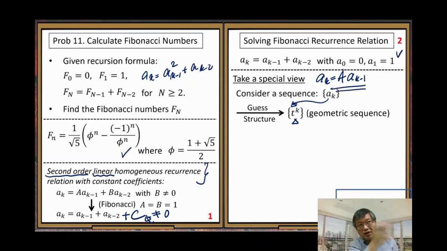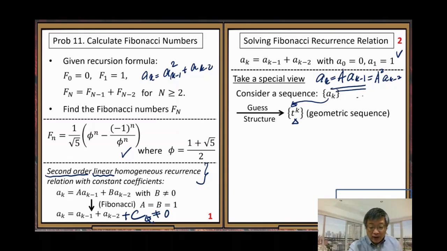How to find the solution of this type of recurrence relation? Pretty easy, right? Because you keep multiplying capital A. Every time you keep multiplying capital A, so A squared times A sub k minus 2, and so on.